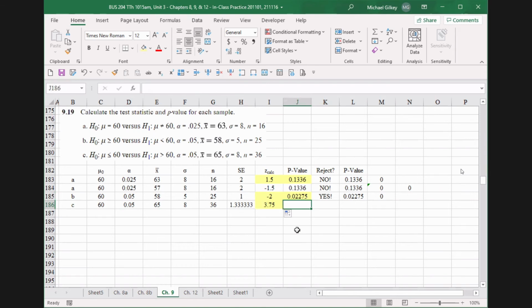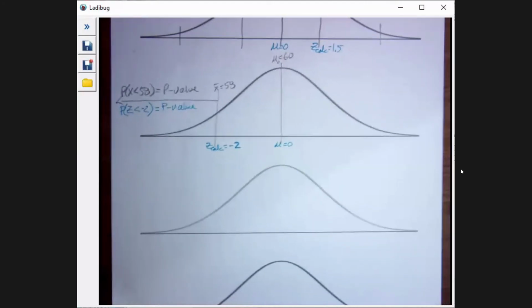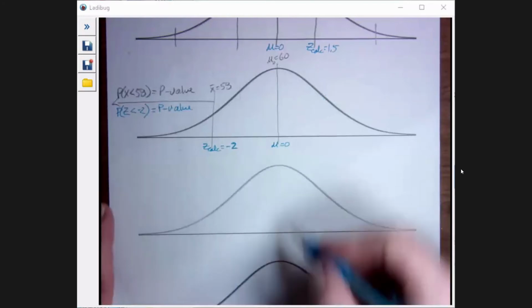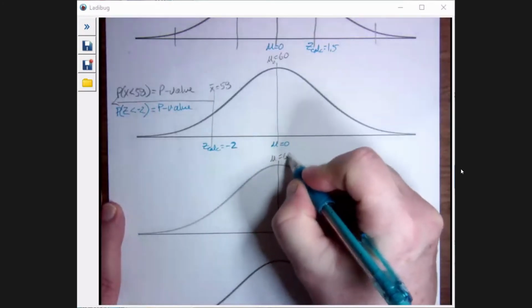Is everybody okay? Okay. So let's again draw our picture, so we make sure we know what we're talking about here. We've got our hypothesized value of 60.